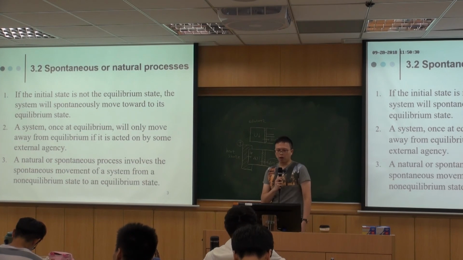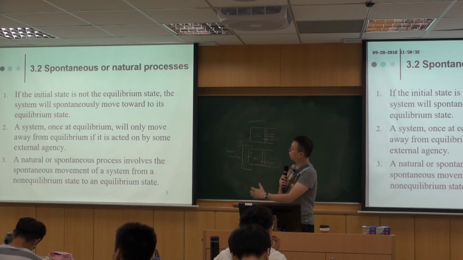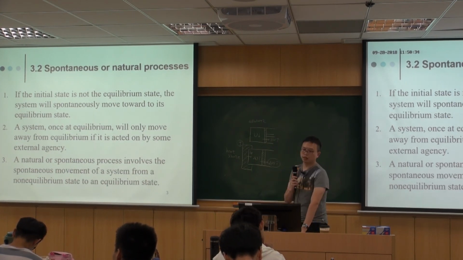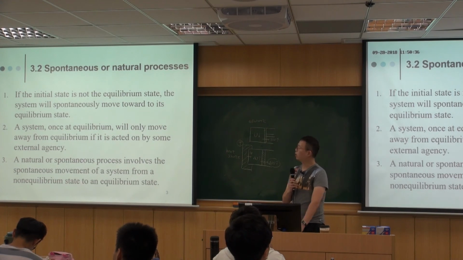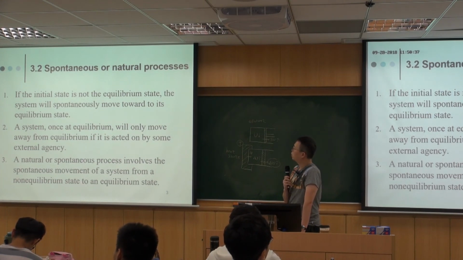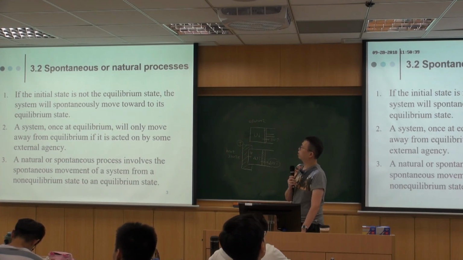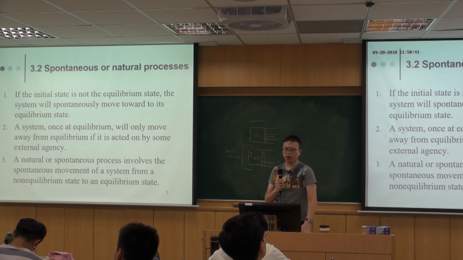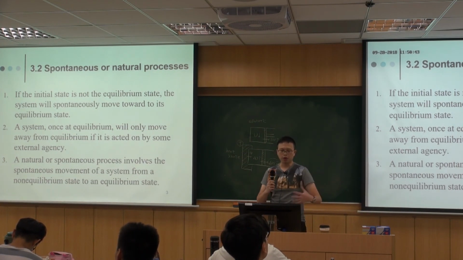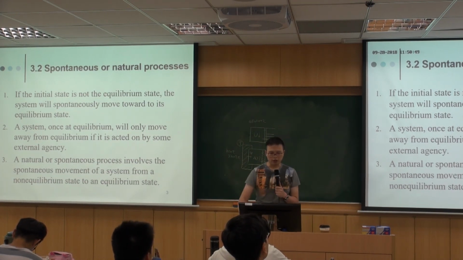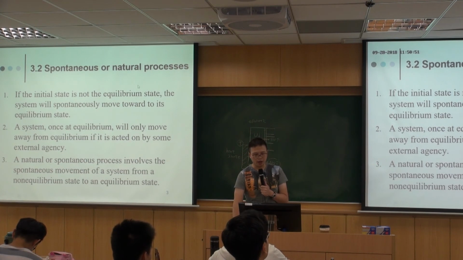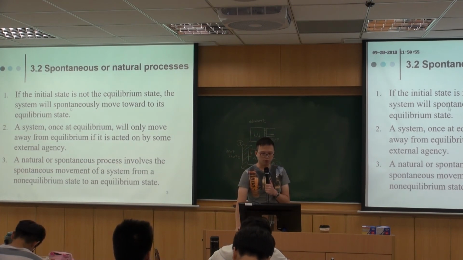To talk about our second law, we have to look at the spontaneous process again. We've already mentioned during the first lecture that almost all the things that happen in the universe are spontaneous or natural processes. So if the initial state is not in the equilibrium state, then the system should spontaneously move toward the equilibrium state.